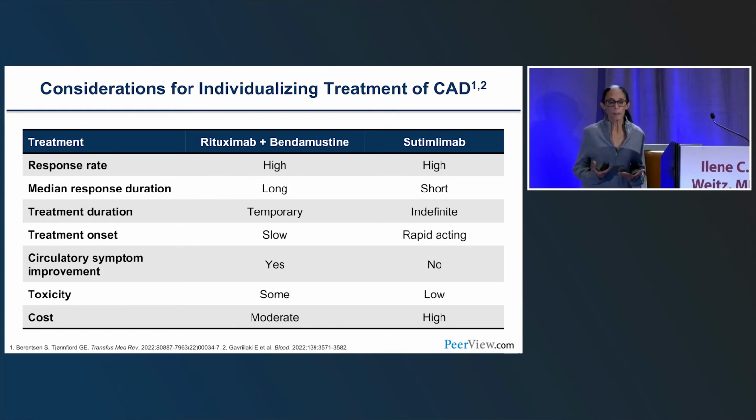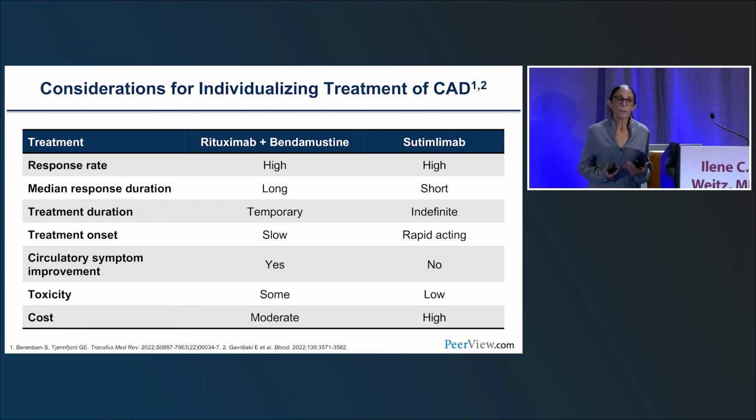The duration of treatment, again, Ritux bendamustine you may give X number of cycles, but for sutimlimab you have to continue treatment. The onset of the response is very rapid with sutimlimab, within the first week, and it's much slower for the chemotherapy and Ritux. The circulatory symptoms don't really improve with sutimlimab, but they do with the chemotherapy.